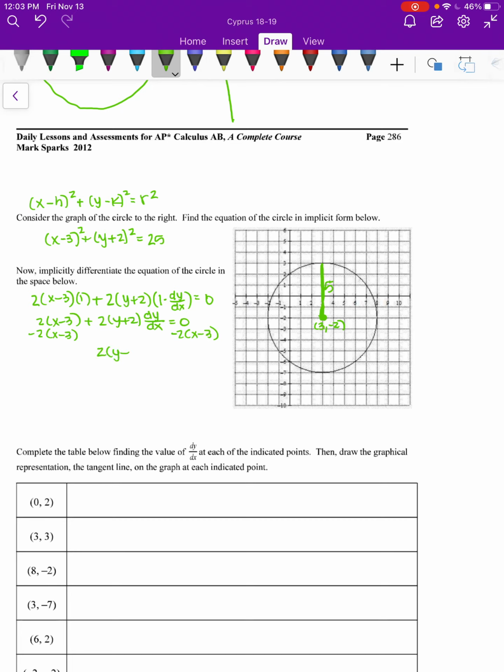So we get 2(y + 2) dy/dx equals -2(x - 3). And then to get dy/dx by itself, divide by 2 times (y + 2). The 2s are going to simplify out, so we just end up with dy/dx is equal to negative (x - 3) over (y + 2). Sorry, I forgot that negative on top.